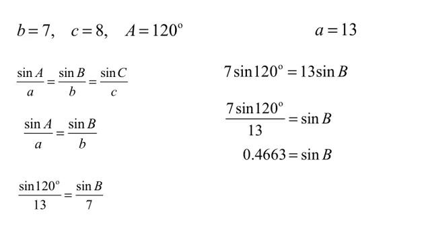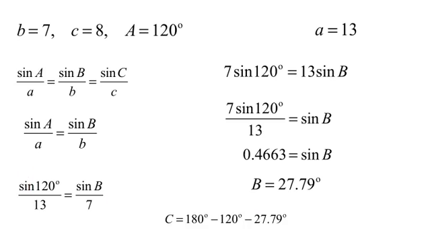So that's sine B. Now, we know we cannot have a quadrant 2 angle because we've already used up 120 degrees, so the only answer here is a quadrant 1 angle. B is the inverse sine of 0.4663, or 27.79. I could use the law of sines again to get the measure of capital C, but it's not really necessary, is it? I have 120 degrees, I have 27.79 degrees, and the three angles have to add up to 180.